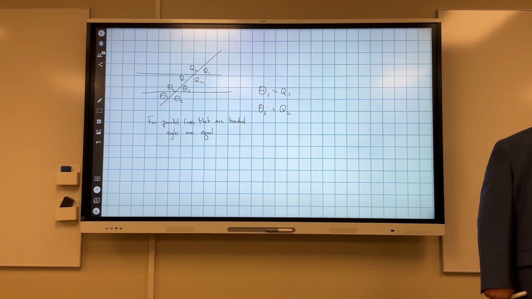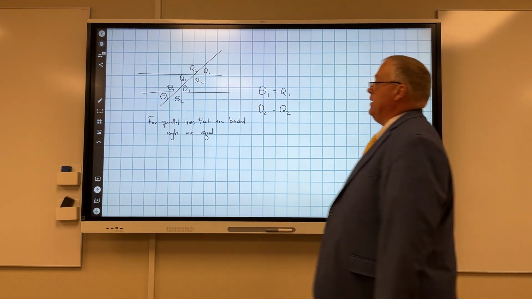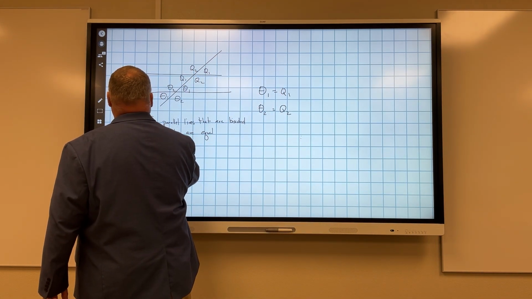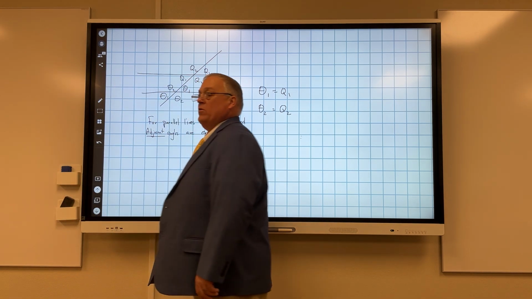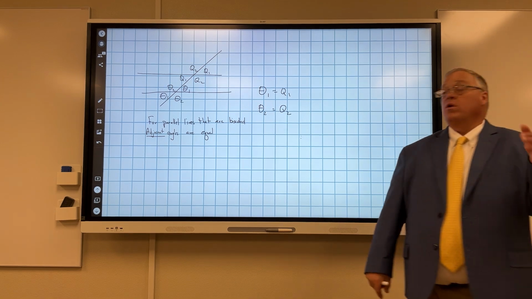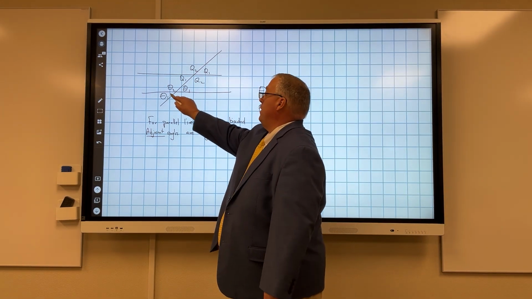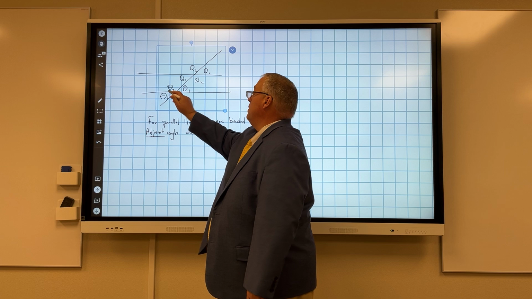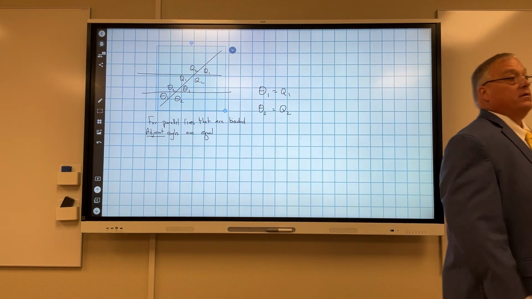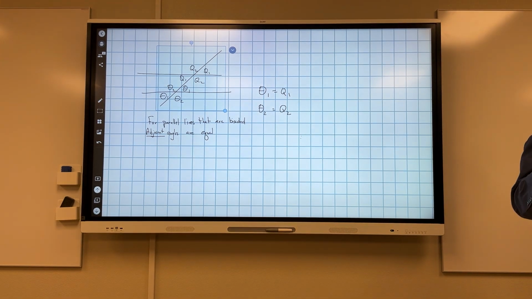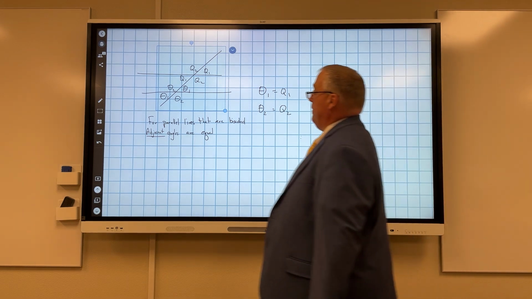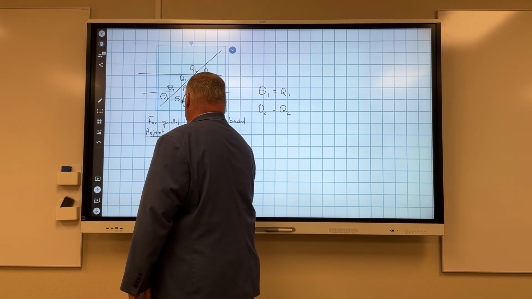Well, what does adjacent mean? Next to. Now, when you're thinking adjacent, you're thinking of somebody sitting side by side. But when we're looking at adjacent, we're looking across the parallel line. They touch, but they touch across the parallel line.